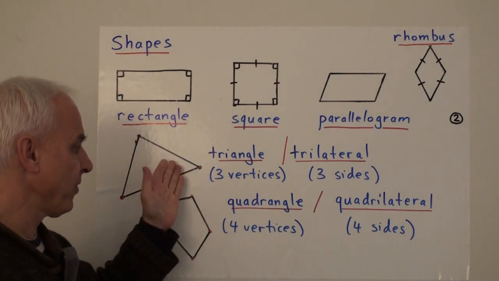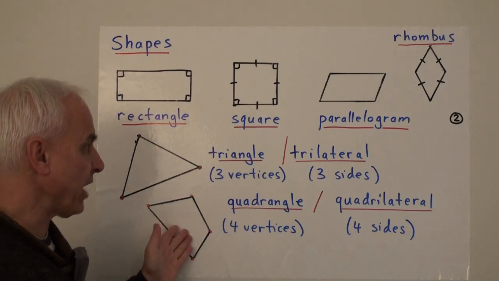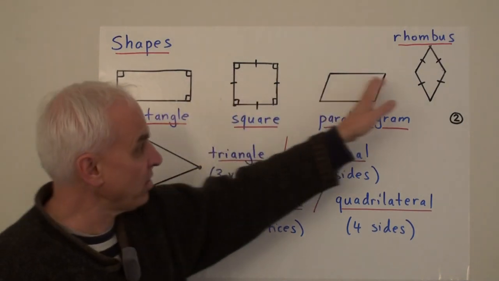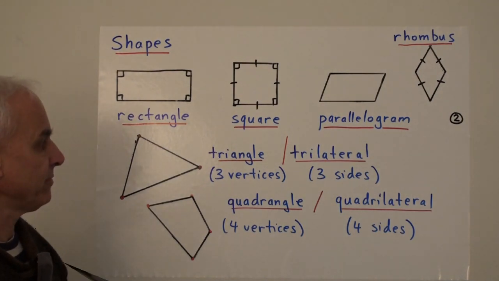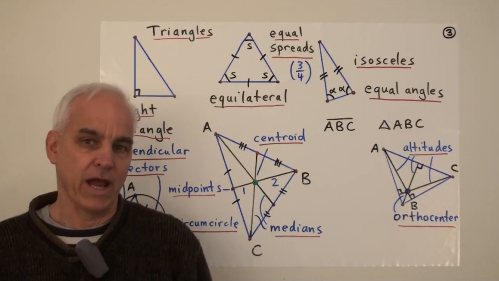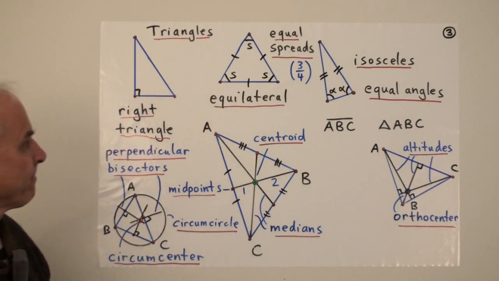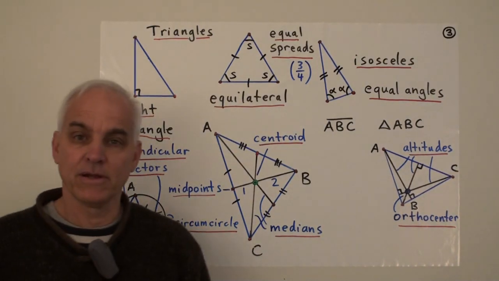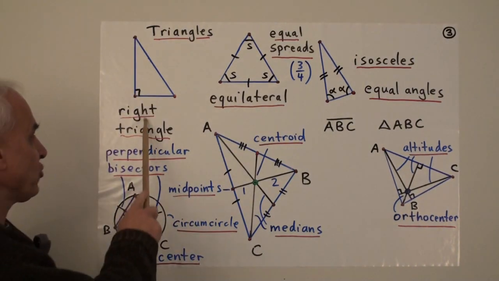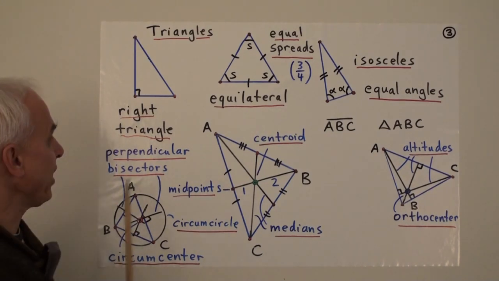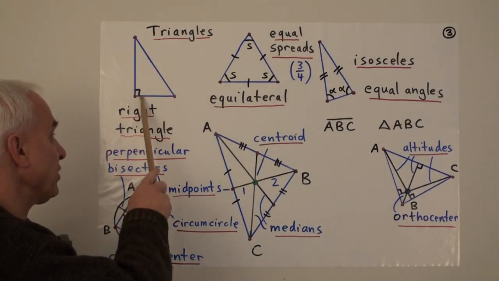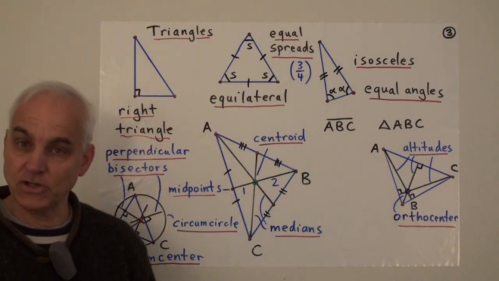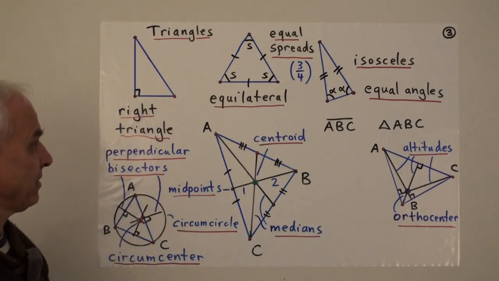So, triangles, quadrangles or quadrilaterals, and special types of quadrilaterals or quadrangles. Let's have a further look at triangles. So there are some special types of triangles. The right triangle, which is a triangle that has a right angle, or 90 degrees, or a quarter turn between two of its sides.